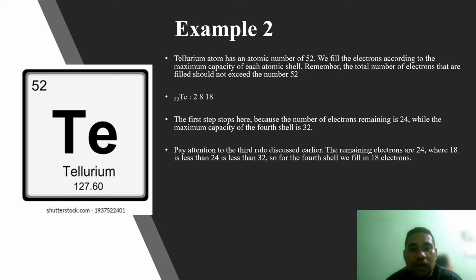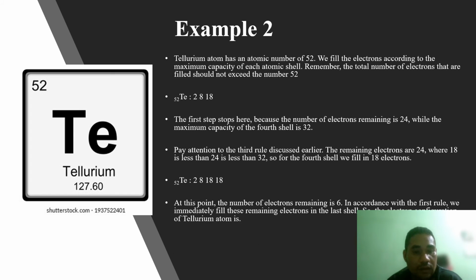So, for the fourth shell, we fill in 18 electrons. At this point, the number of electrons remaining is 6. In accordance with the first rule, we immediately fill the remaining electrons in the last shell.